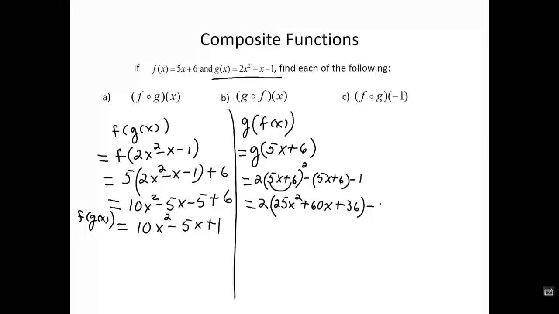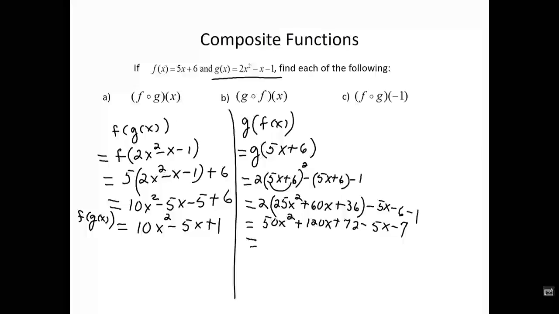Minus 5x minus 6 minus 1. Simplifying, we have 50x squared. 2 times 60x is 120x plus 2 times 36 is 72 minus 5x minus 6 minus 1, negative 7.